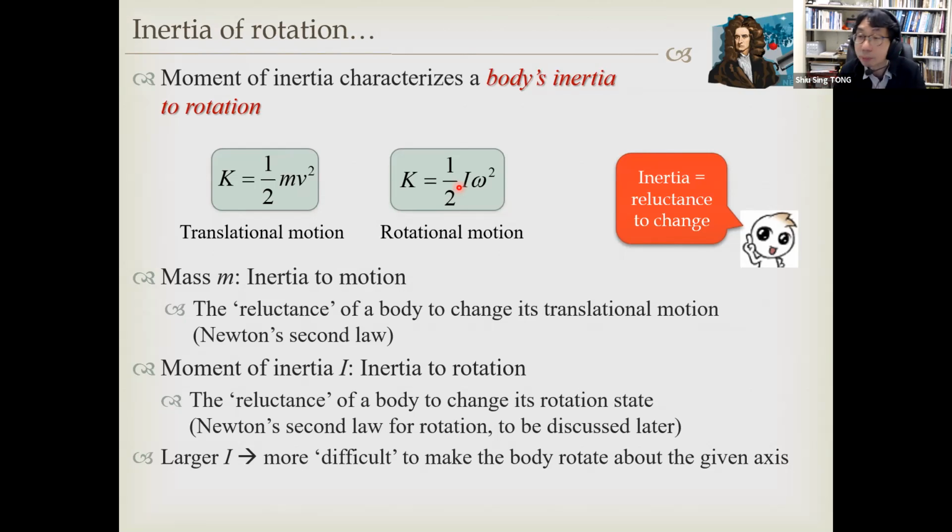You have to use a larger moment to produce the same angular acceleration. So the body becomes more reluctant to change its state. There is a lot of similarity between I and m, which we will discuss later. Heuristically, a larger I means it is more difficult to make the body rotate, or more difficult to stop the body from rotating.